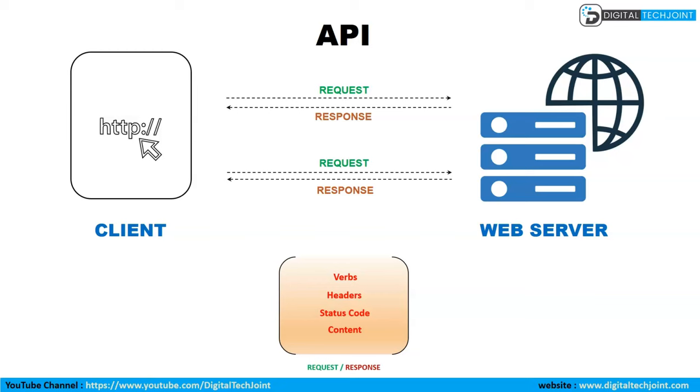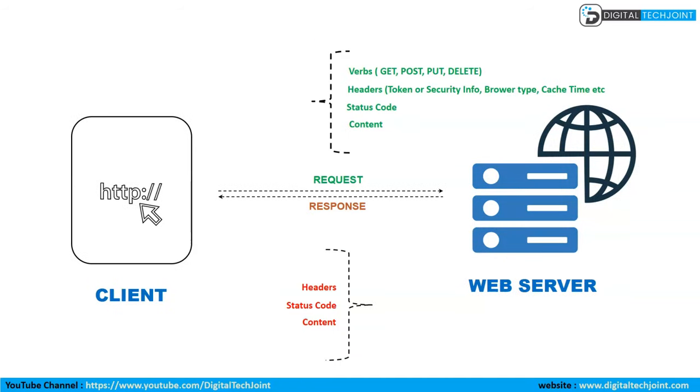Similarly, the request can contain headers, it can contain a status code, and obviously it can contain the content of the request and the response. Now when I move to the next slide, you can see over here the request typically contains HTTP verbs. That is divided into get, post, put, and delete. These are actions that the client is expecting the server to do. Similarly, the request contains a header.